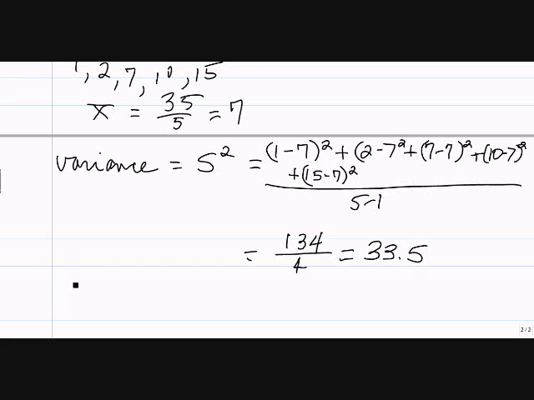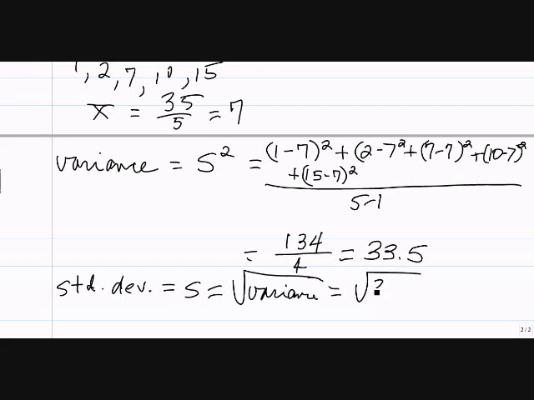Now the standard deviation, and I'm going to start abbreviating because that's a long word to write. The standard deviation that we call S is the square root of the variance. So that's the square root of 33.5, which is approximately 5.79.